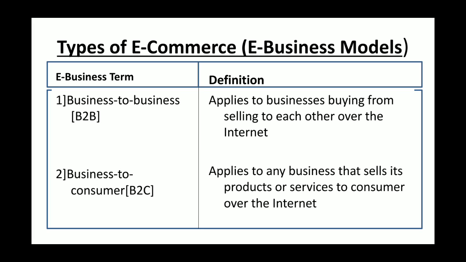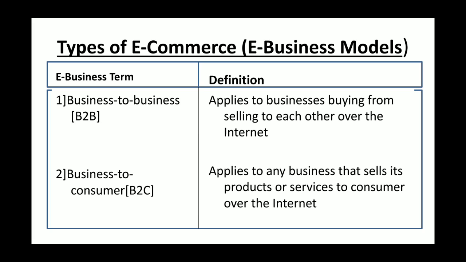Like Amazon people are taking something from Flipkart, like Flipkart people are taking from Snapdeal. In online marketing, if the products are exchanged between companies in different businesses, that is called business to business.